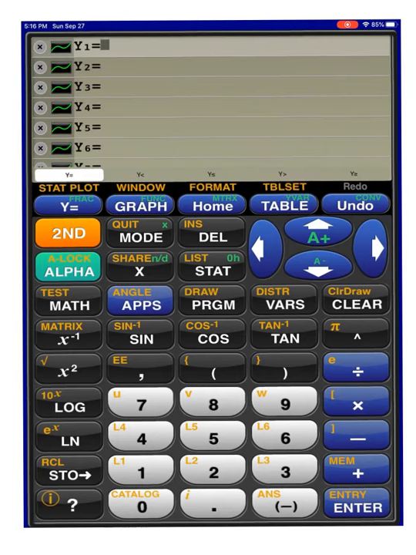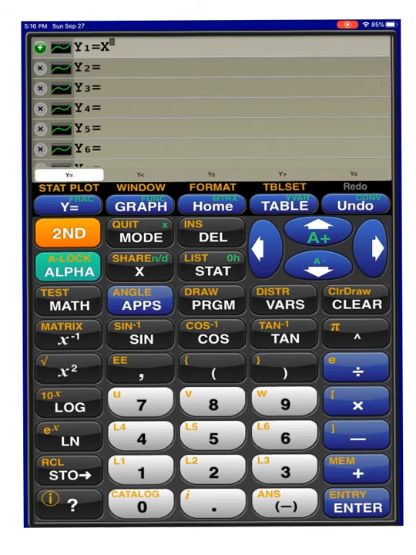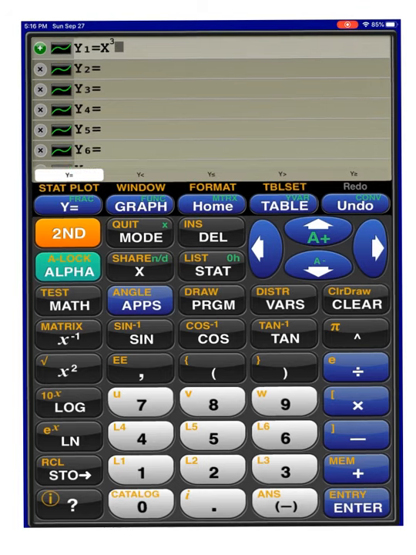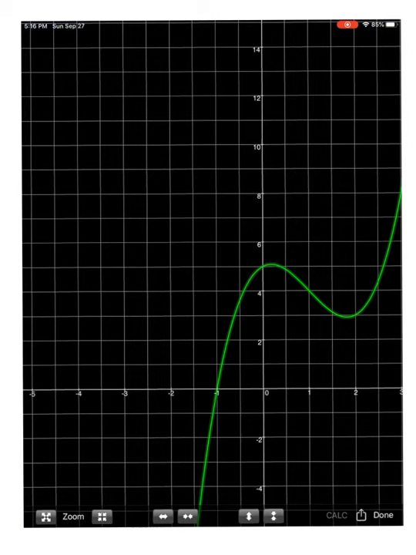Y equals, let's clear this out. x cubed minus 3x squared plus x plus 5. So let's graph that first.